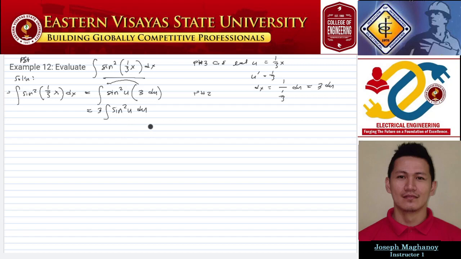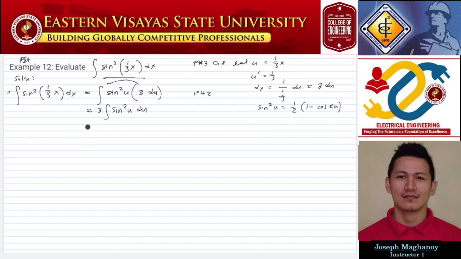So our function is ready for integration. Not yet. We need to use some identities. That's why this topic is substitution. So we replace, based on your identity number 2, our sine squared u with 1/2 (1 minus cosine 2u).